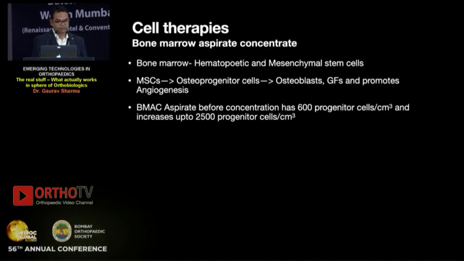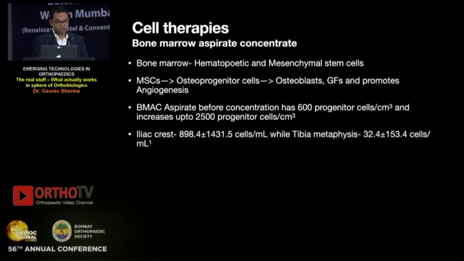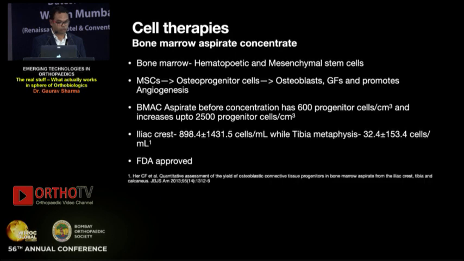It's interesting to see that the aspirate of BMAC before concentration has approximately 6,000 progenitor cells per cubic centimeter, which can increase up to 2,500 after the concentration is made. The ideal and best site is the iliac crest, which can give up to 900 cells per mL, and the tibial metaphysis has the lowest, giving up to 32 cells per mL. And the good part is it's FDA approved.